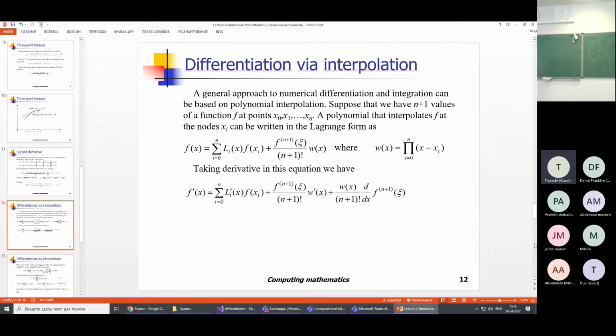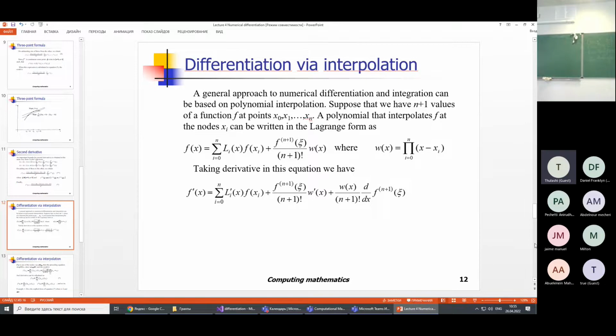It's written here on the slide. I just rewrite the same above. Generally, we denote these points x with this index, right?